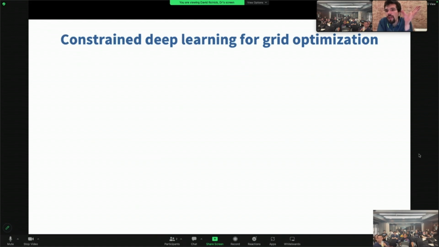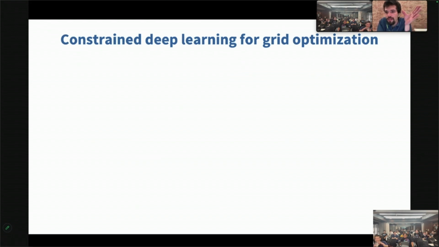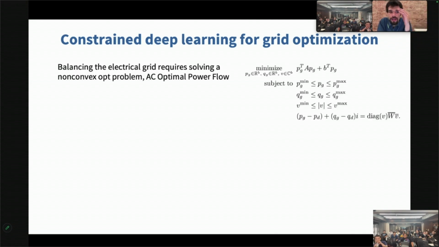The example that I want to touch on here is motivated by electrical grid optimization. Balancing the electrical grid requires solving a non-convex optimization problem, AC optimal power flow. What balancing the electrical grid really means is making sure there's enough power available to meet demand at any given point.